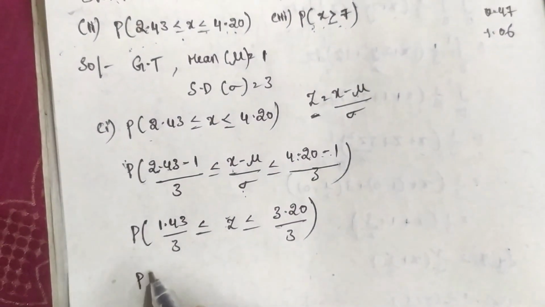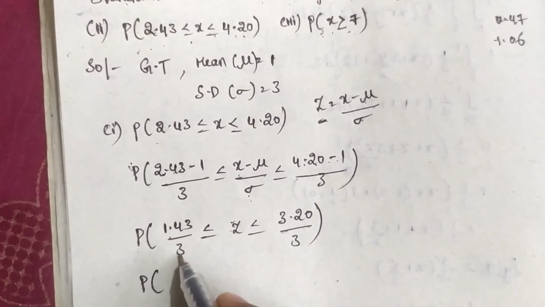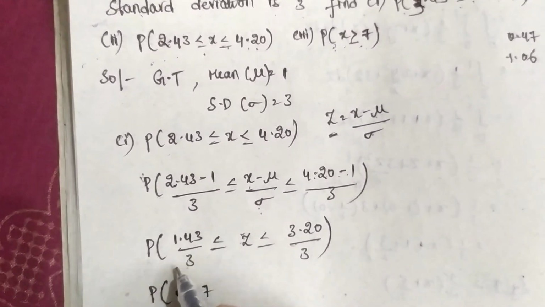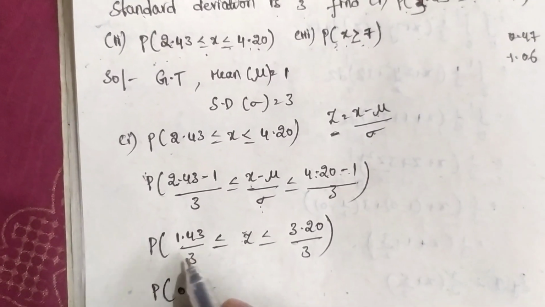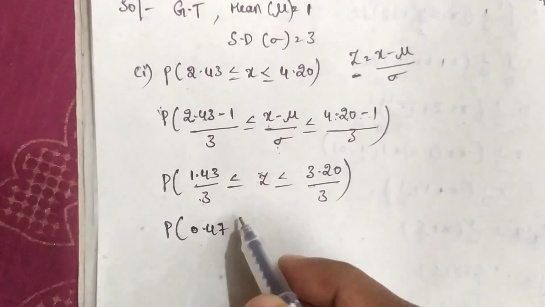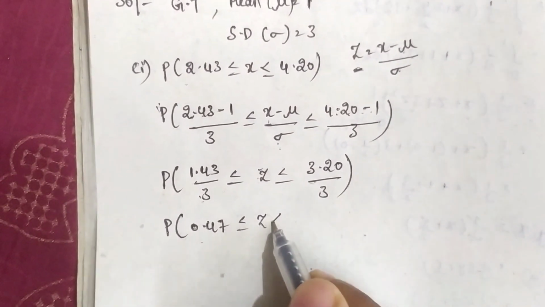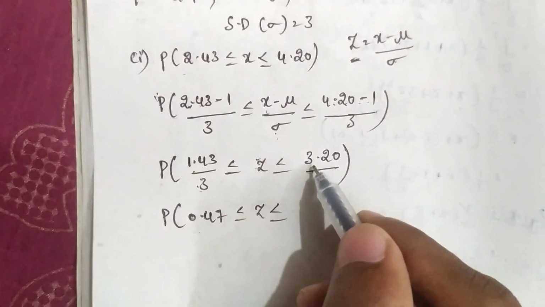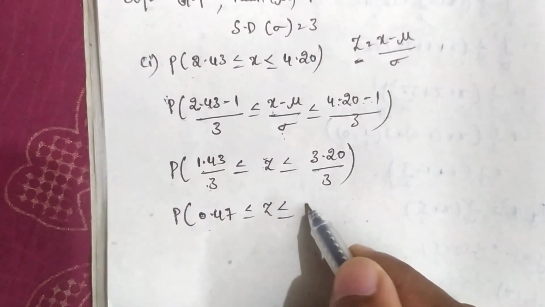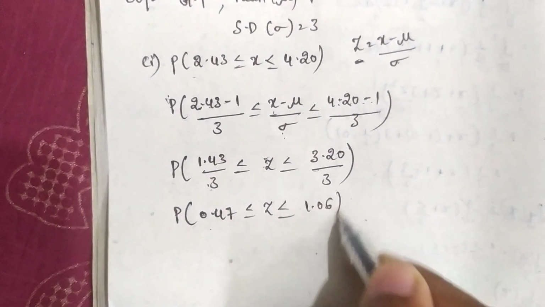Here 1.43 by 3 gives the value 0.47, so 0.47 less than or equal to z less than or equal to 3.20 by 3, which gives the value 1.06.